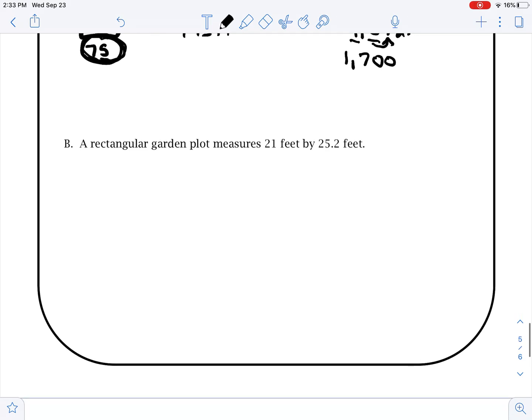So again, if I did this, a regular plot measures 21 feet by 25.2. This is my least precise measurement. So now that we know it's the least precise, to find the perimeter, I add them all up.